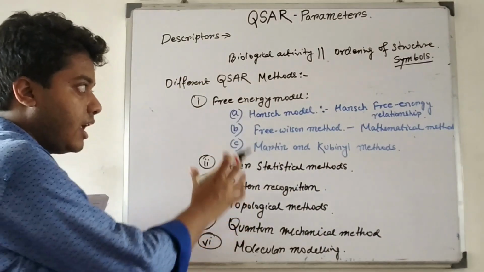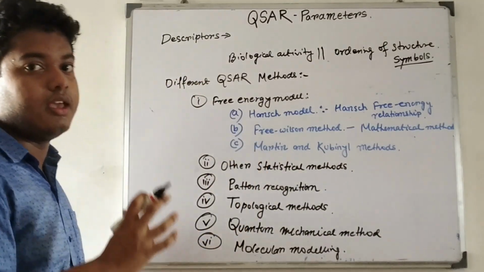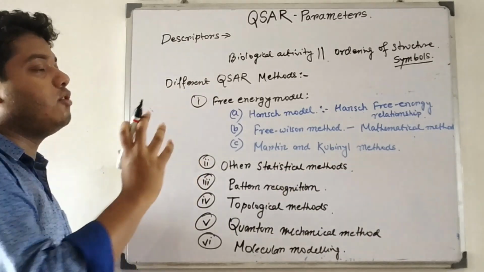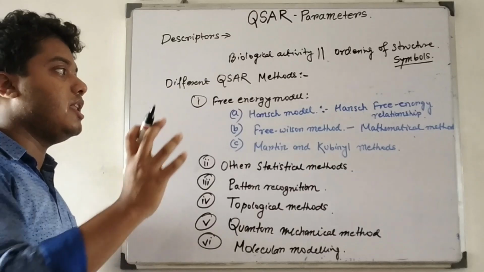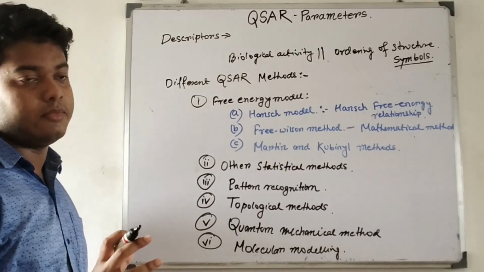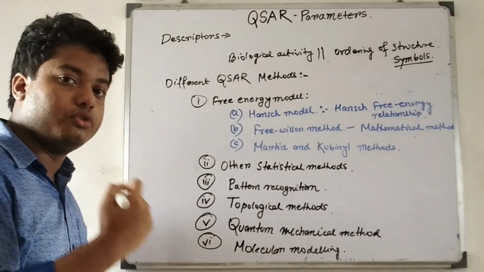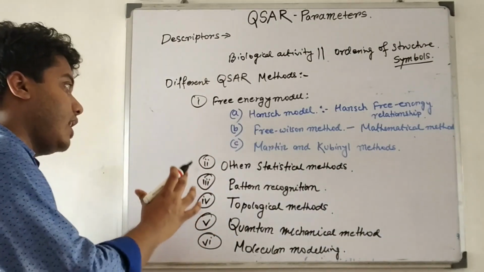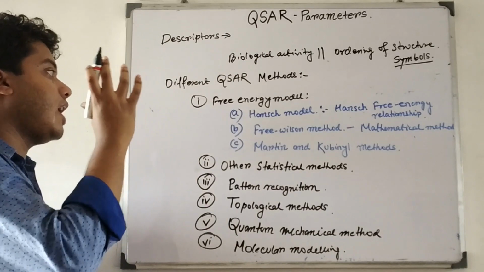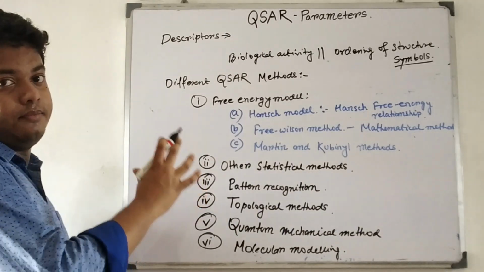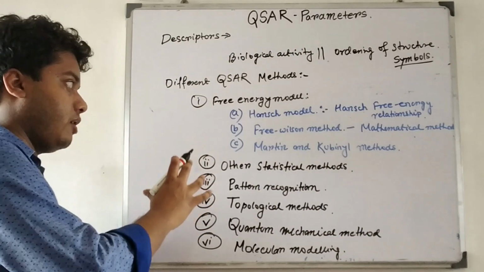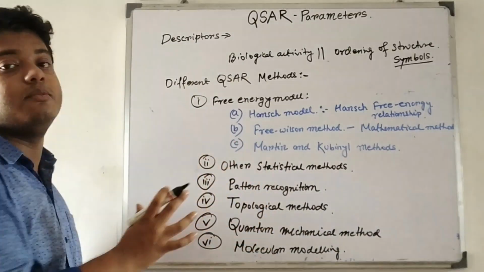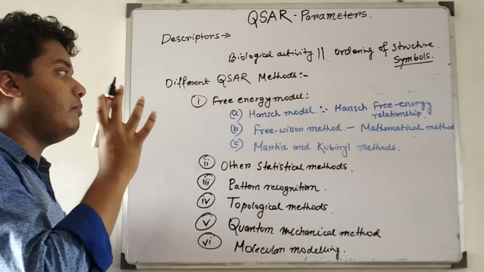The result we will get from these mathematical methods will only approximate the value that we arrive at from experimental procedures. We will get closer and closer to that experimental value, but it is not a direct relationship with the actual biological properties, because it is just a predictive method. It is not much accurate.